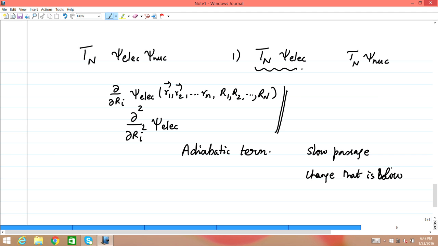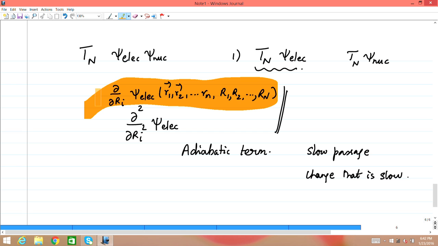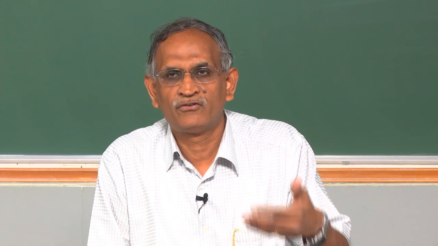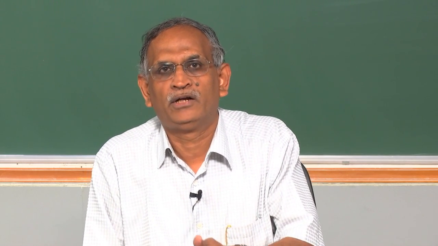The slow that we refer to here is that the electronic wave function that you see here is actually a function of the nuclear coordinates, but the change of the psi electronic with respect to the nuclear coordinate, that rate of change is sufficiently small. That is the reason why it is called adiabatic.